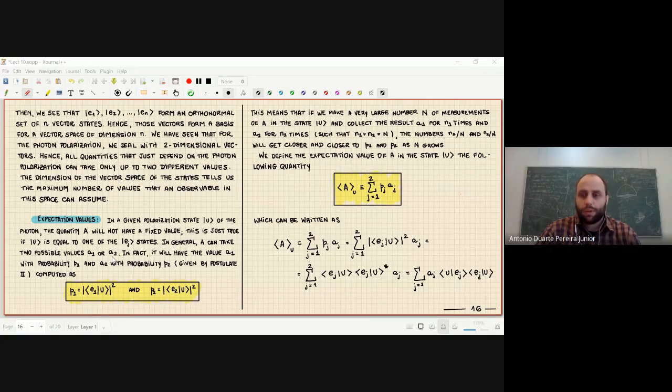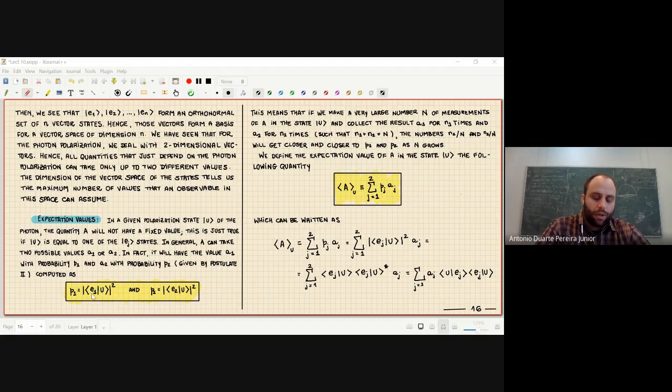Postulate 2 says to me, and now I'm just extending postulate 2 because the way that I stated it was a bit more restrictive. I'm saying that the probability of getting the value A1, I will call it P1, is obtained by the absolute value squared of the Dirac bracket between E1 and the state vector U.